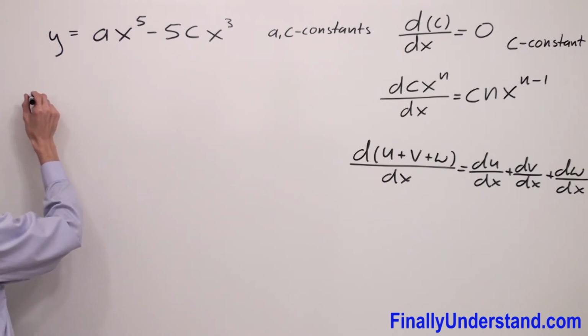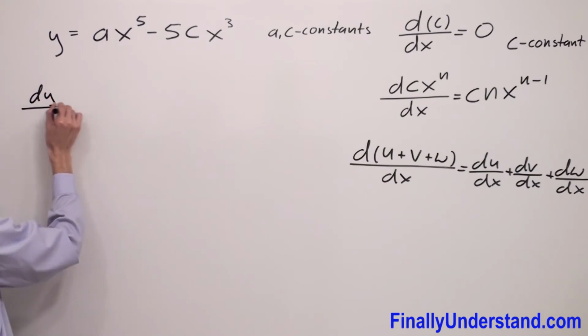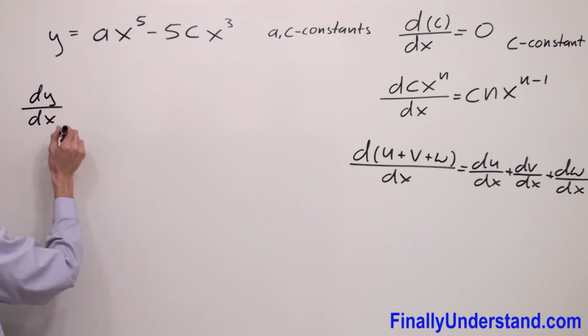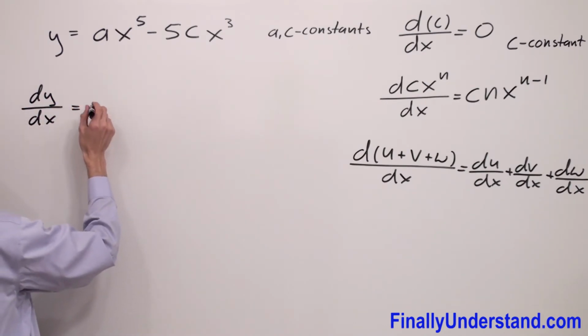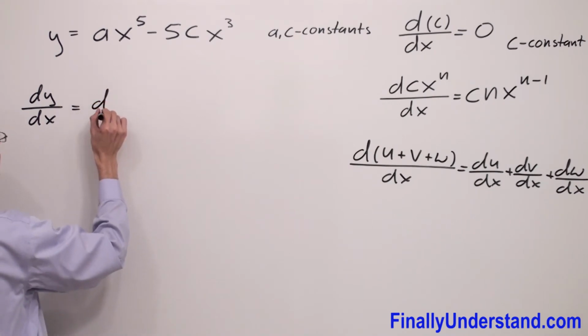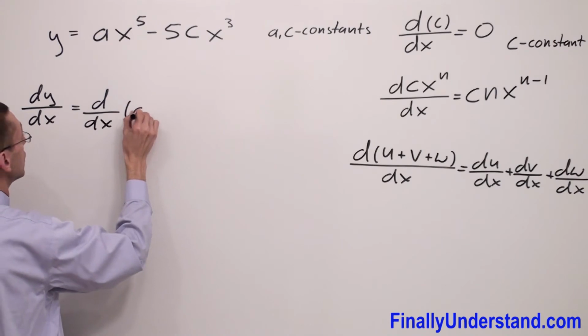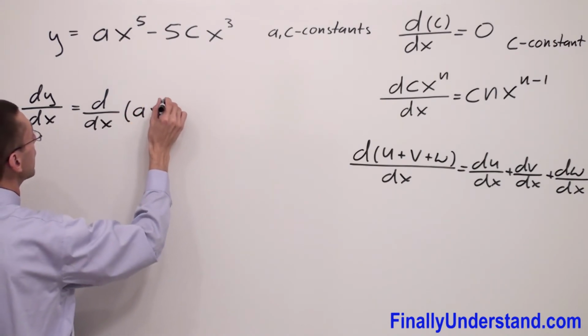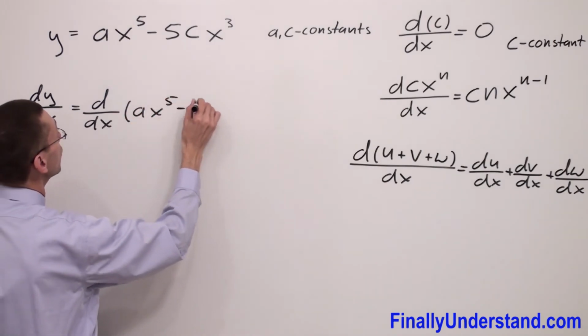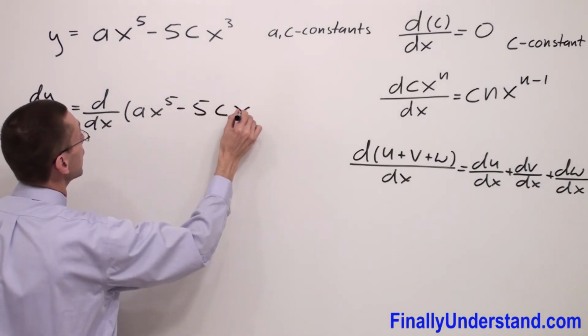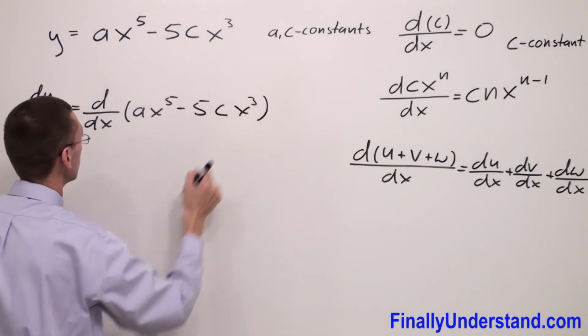And we're supposed to simply write the derivative of y over dx is equal to the derivative of my function a x to the fifth minus 5c x to the third. Okay?